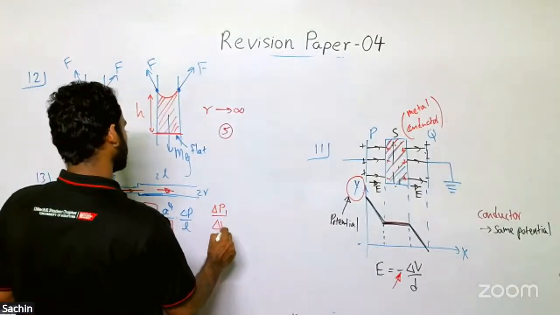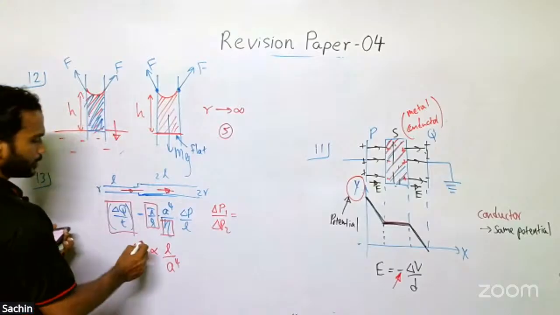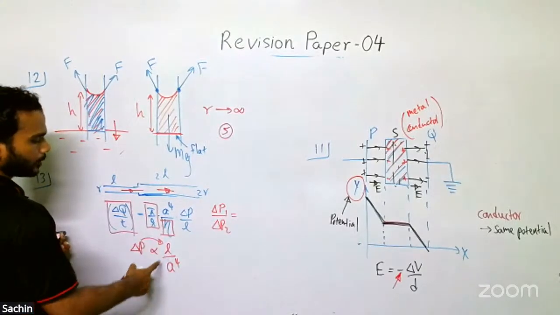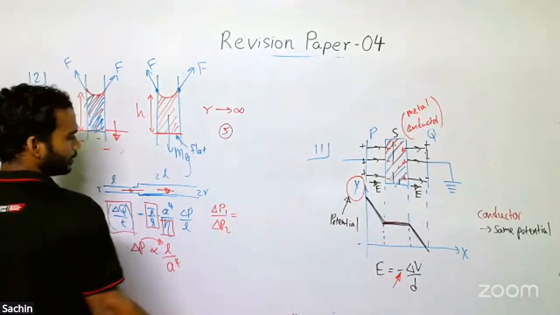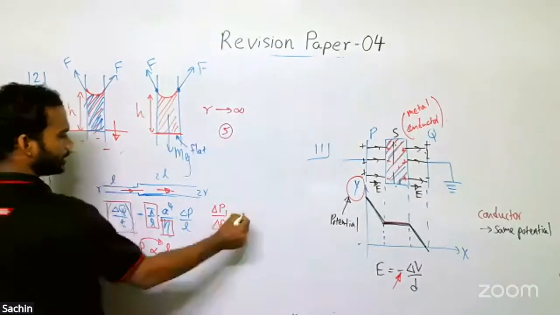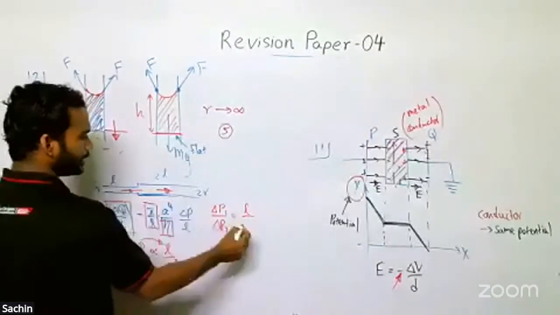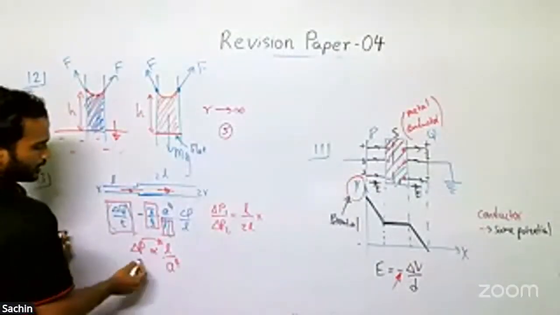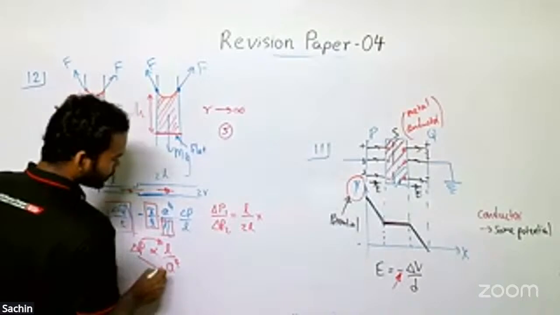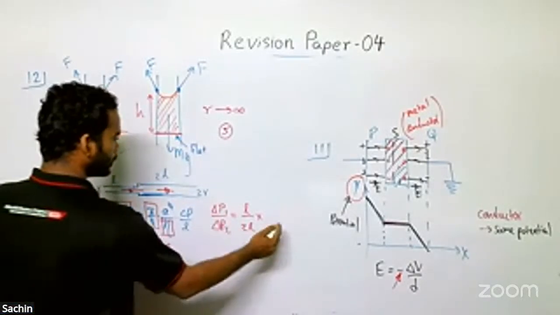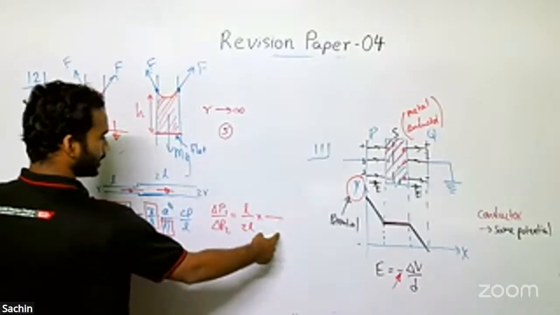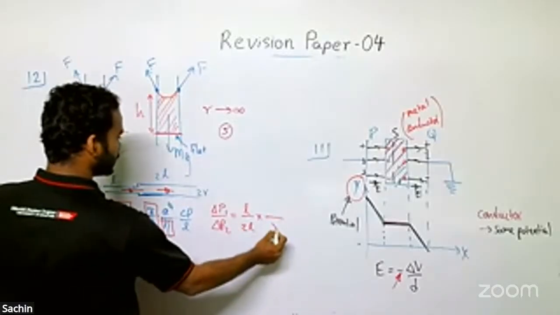Delta P1 over delta P2 is equal to, pressure difference is directly proportional to length. So the length ratio in the same way. Initially the length is L, finally 2L. Delta P is inversely proportional to the radius, that means the opposite way. So for delta P1, the radius should be in the denominator, that is R to the power 4.